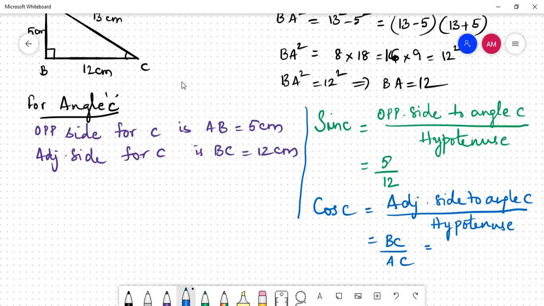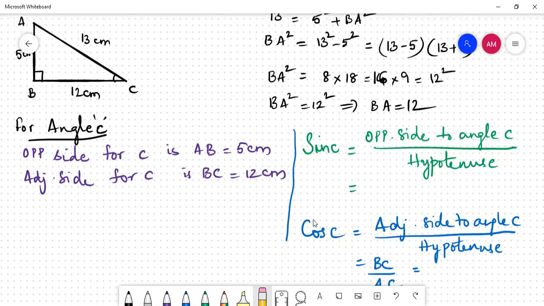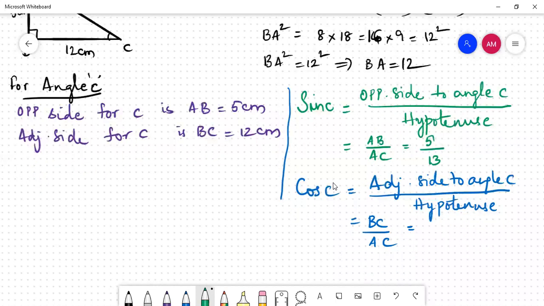In sin C, what is the hypotenuse, ma? Hypotenuse is 13. Here we write opposite side. What is the opposite side? AB. What is hypotenuse? AC. So 5 by 13. In this case, adjacent is BC. What is BC? 12 by 13.